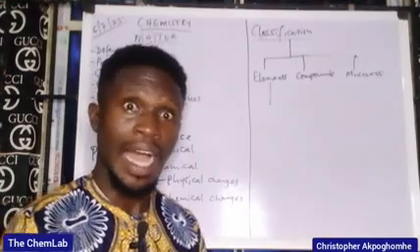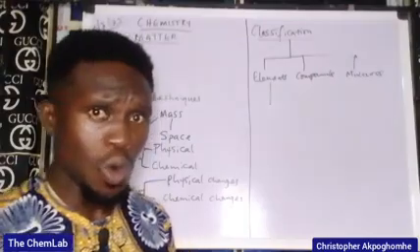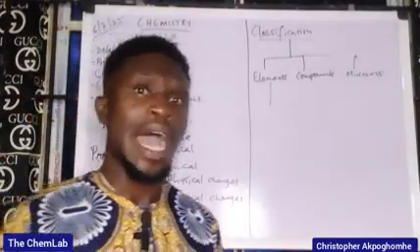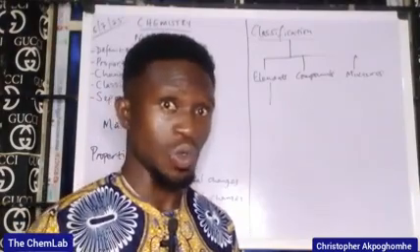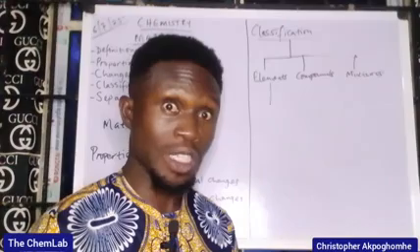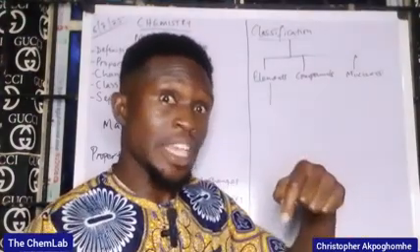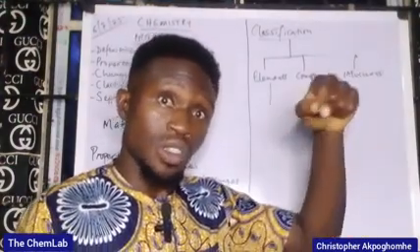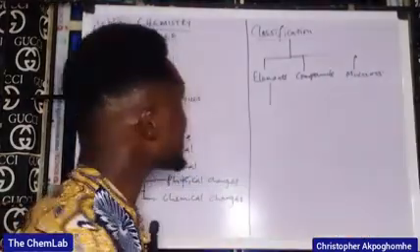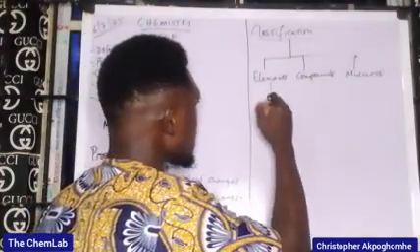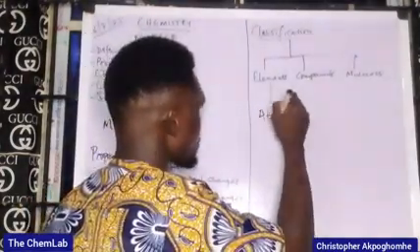If you can remember clearly, atoms are the smallest particle of an element. An atom is made up of a central part called the nucleus. So it means that elements contain atoms.